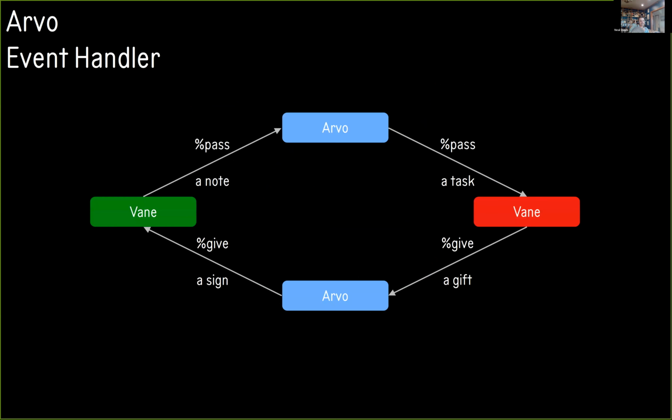A scry is simply saying, show me this result. Give me a number, give me a value, give this directly to me. If we want to create a file, what we're going to do is pass a move to Clay, requesting for it to create a file in a certain path with a certain set of data as its contents. So this is the way that we would be able to do this with Clay.